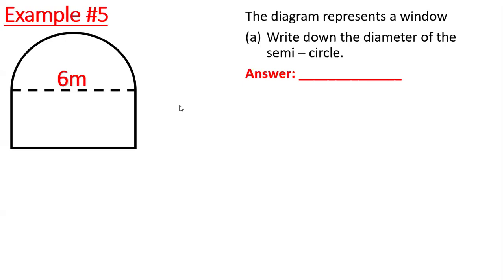So, the diameter is going to be the length of this line segment from end to end. The full length of it. That's the diameter. So, we know that 6 spans from this length to this length.